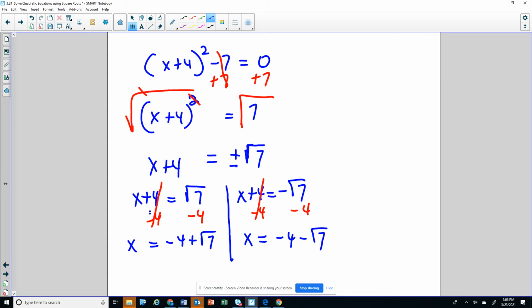And if you use a calculator and take the square root of 7, right? Let's see, what is the square root of 7?